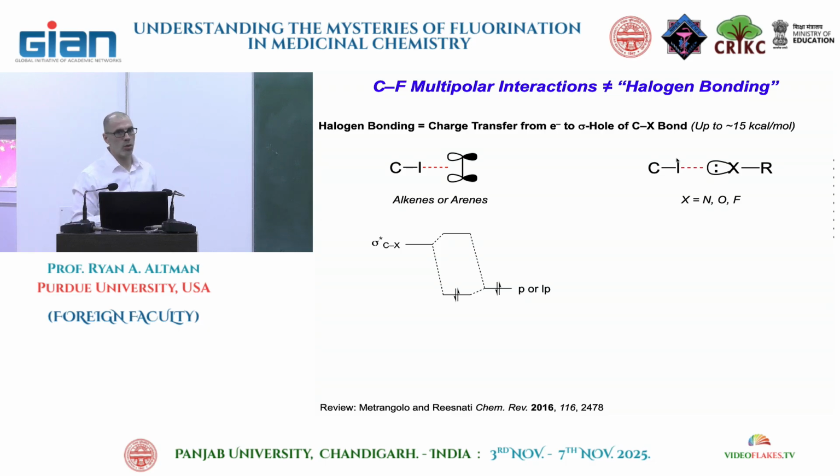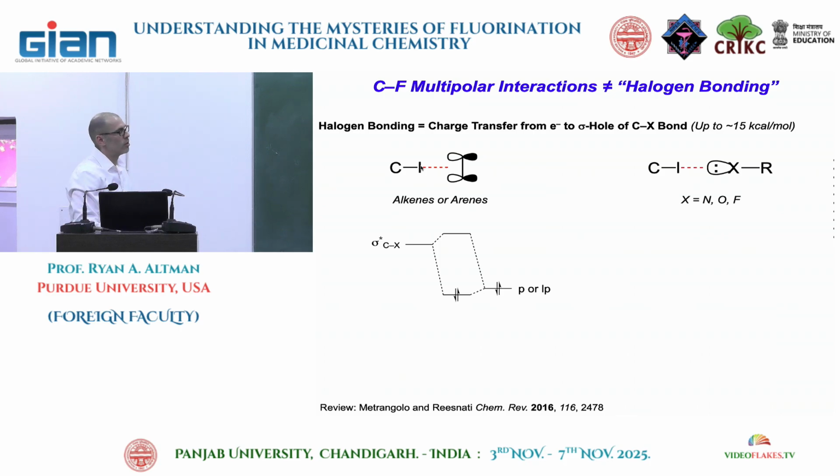The orbital overlap diagram for this type of interaction is shown here. Again, the sigma hole is predominantly composed of the C-X sigma star. That sigma star is in this space, with delta plus character there. The sigma hole accepts electrons from pi systems and or lone pairs of electrons.